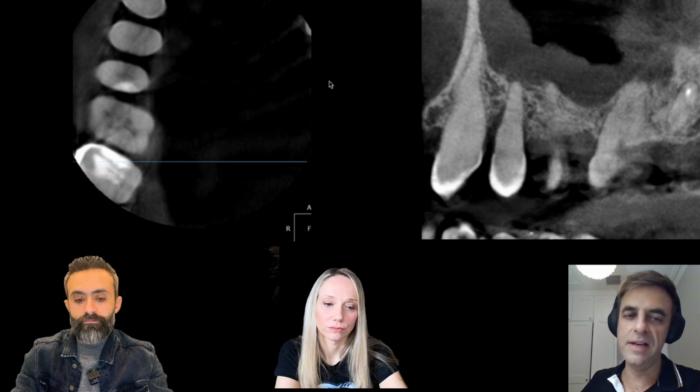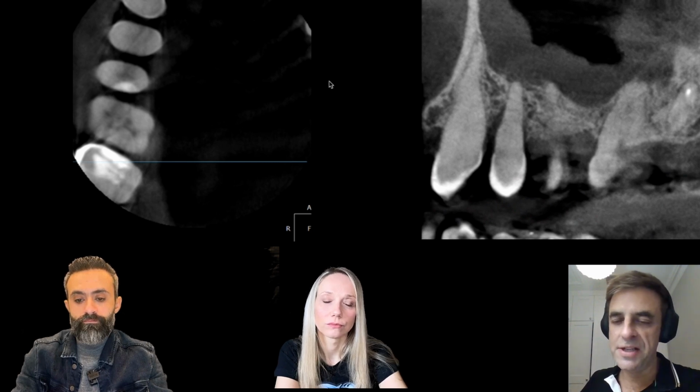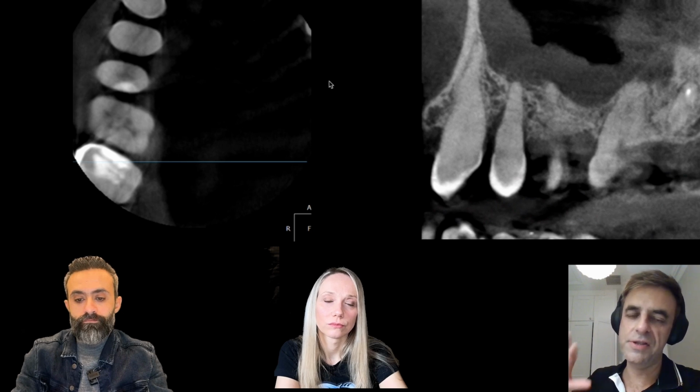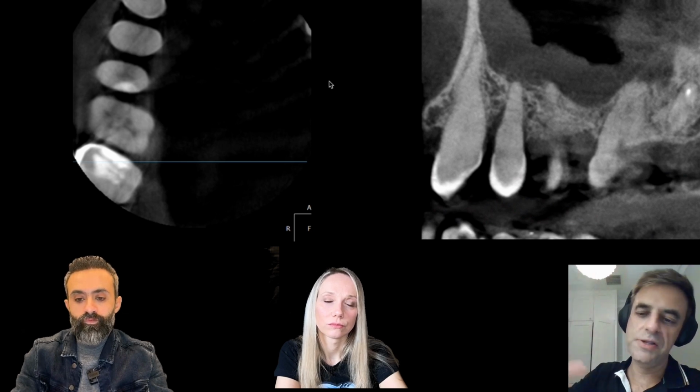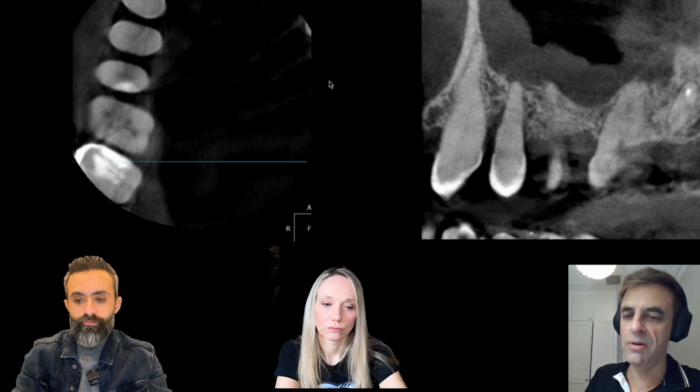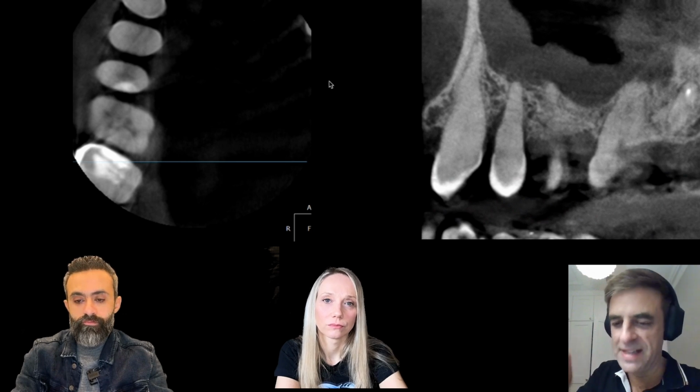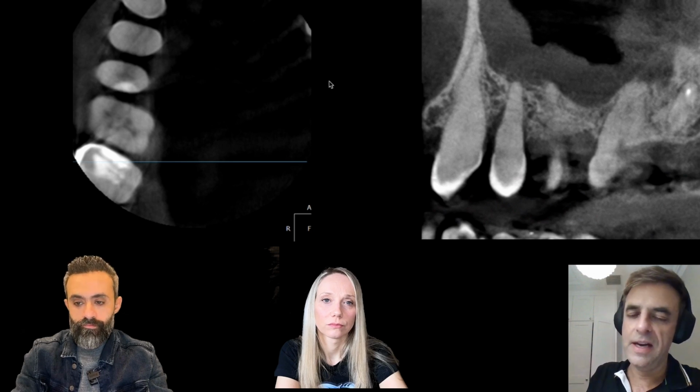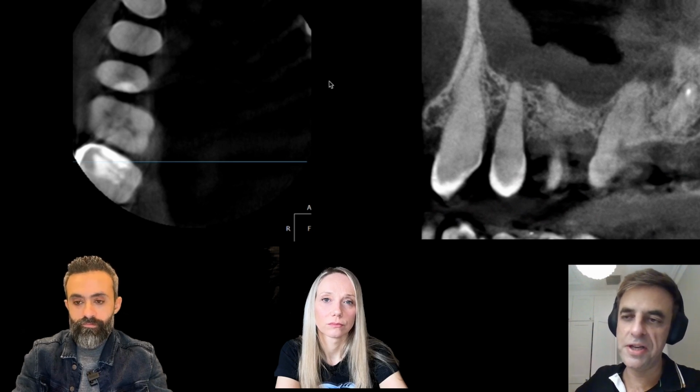So what I do is I scroll on the axial, and then I scroll in the sagittal views. I'll scroll on the axial first. As you saw in the previous case with the lower first molar, there's a little bite out of the area. It's a little defect in the bone adjacent where the crack will be. It's like a U shape.